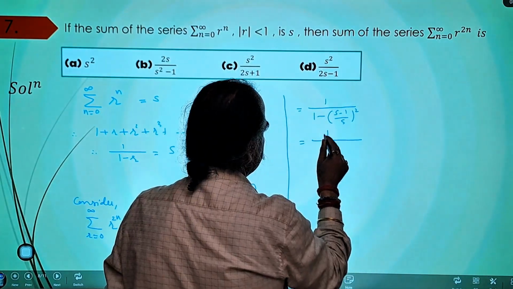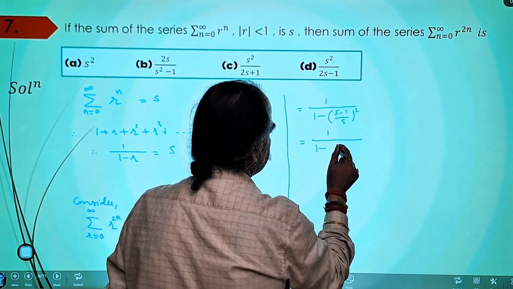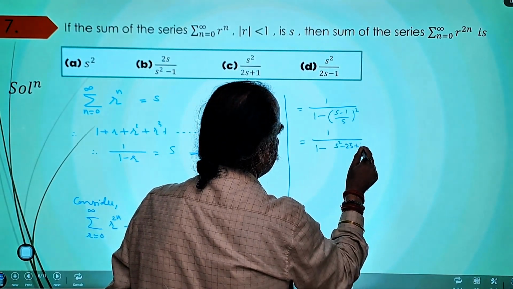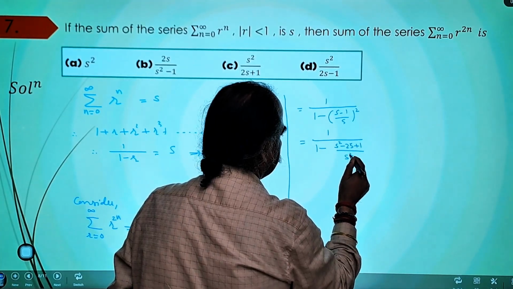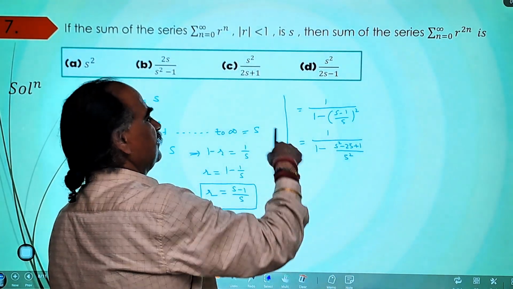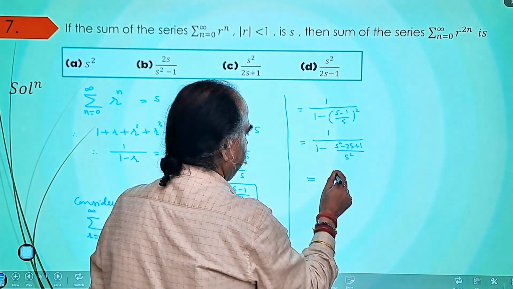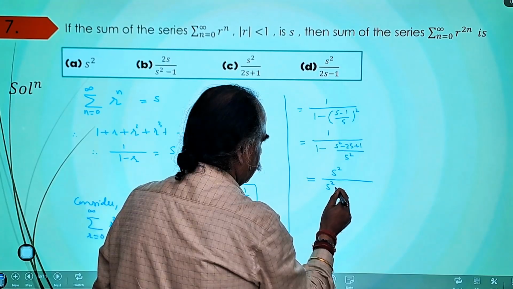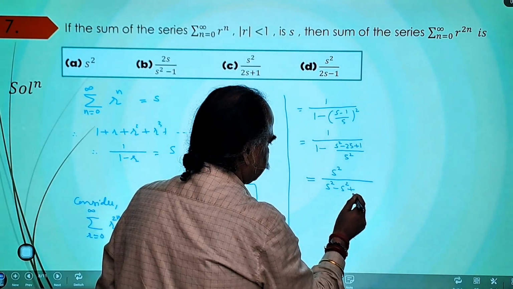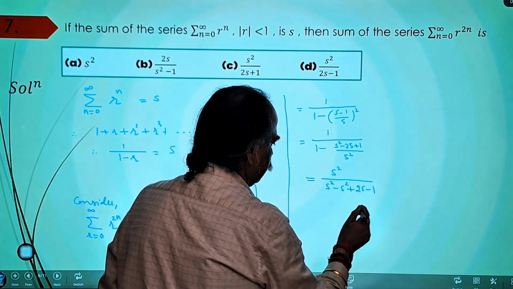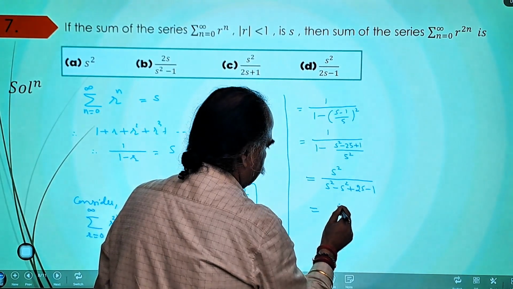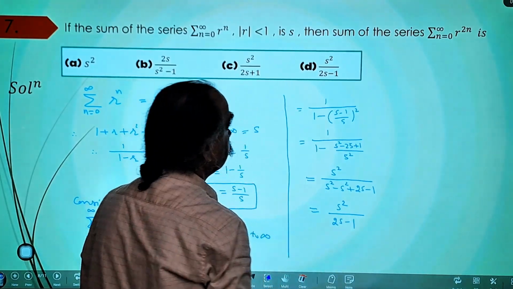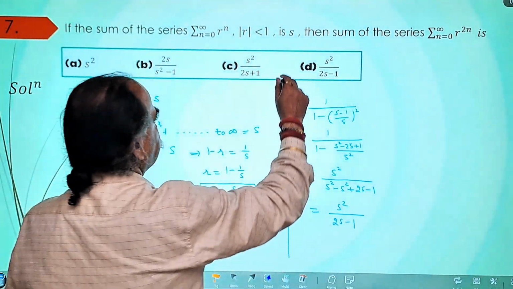One upon 1 minus S square minus 2S plus 1 divided by S square. S square LCM will go up. So S square upon minus S square plus 2S minus 1. So S square upon 2S minus 1. Answer D.